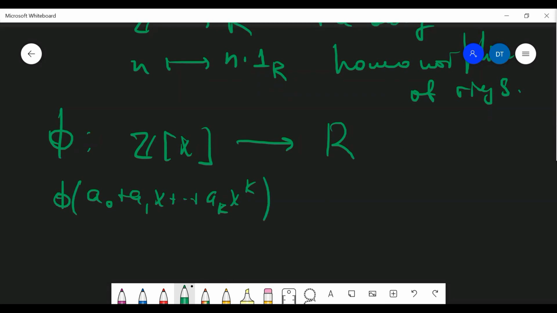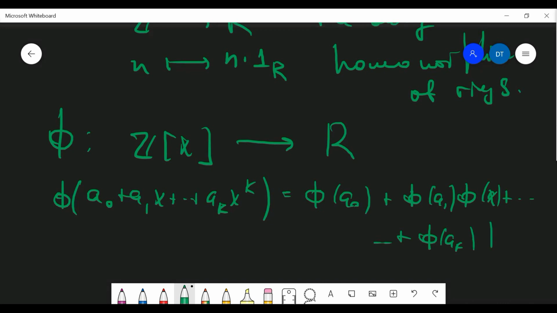So by the definition of a homomorphism, we must have phi of a0 plus phi of a1 phi of X plus etc. plus phi of ak phi of X to the k. Okay?